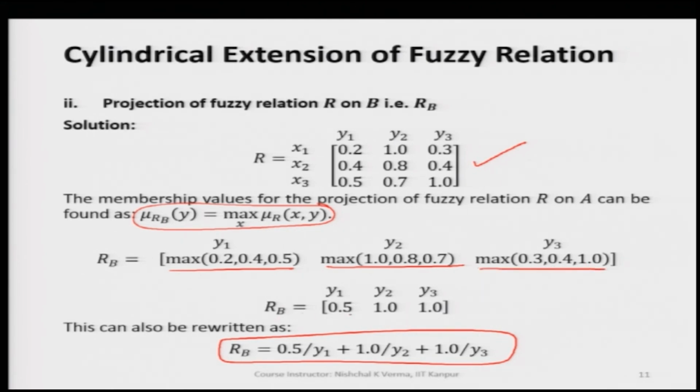So, this way we are getting 0.5, 1.0, 1.0 as the membership values corresponding to the generic variable values y 1, y 2, y 3, and this way we can quickly get the expression of the fuzzy set for R B, which is the projected fuzzy set.